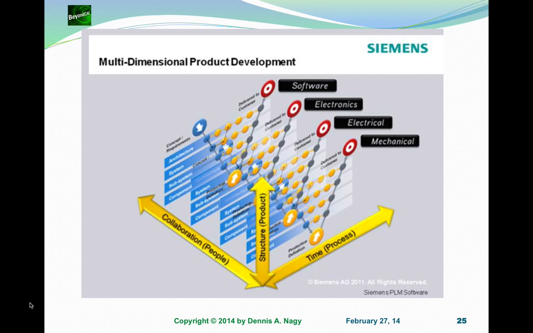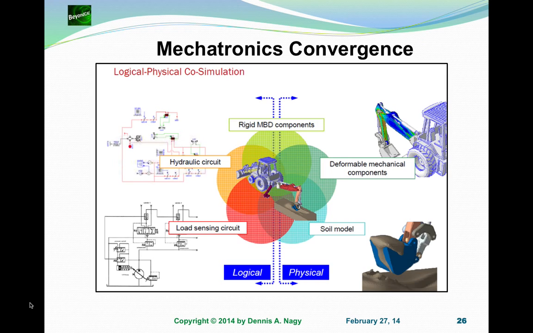This is just one simple example of what I call the mechatronics conversion, where in developing a backhoe excavation machine, you've got hydraulic circuits and the need to simulate those with some sort of hydraulic block diagram software.